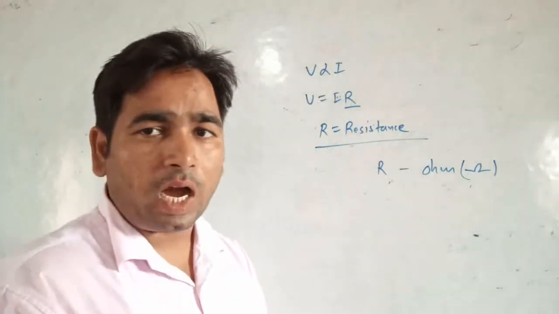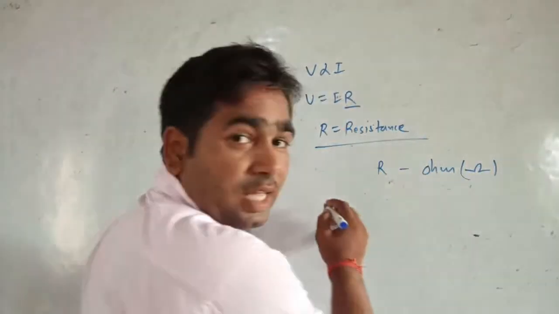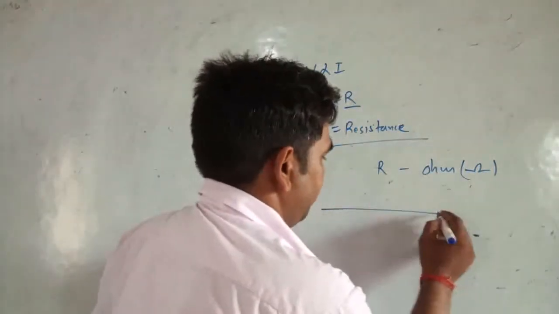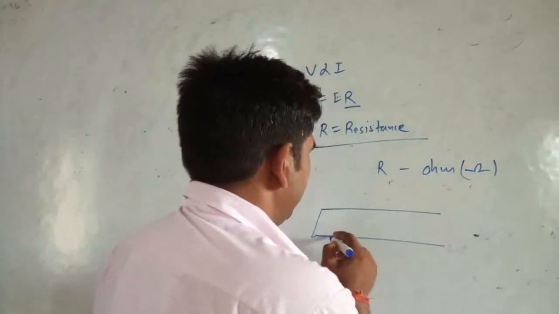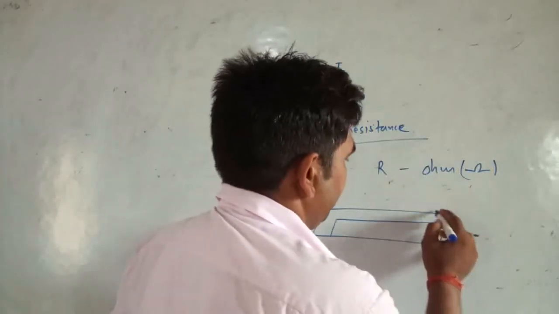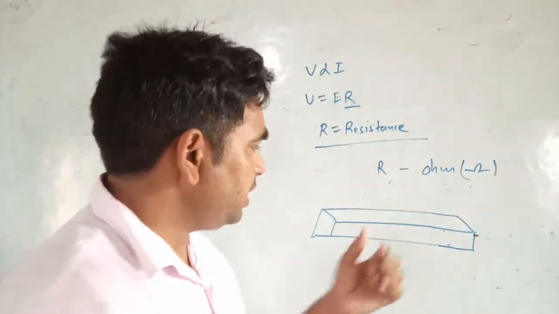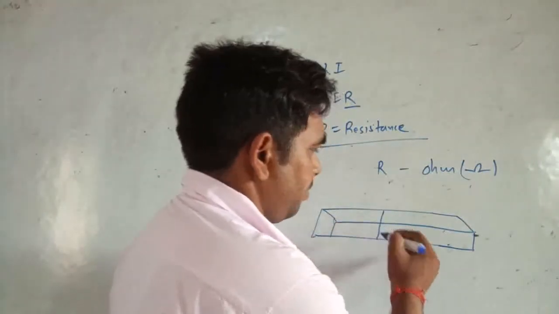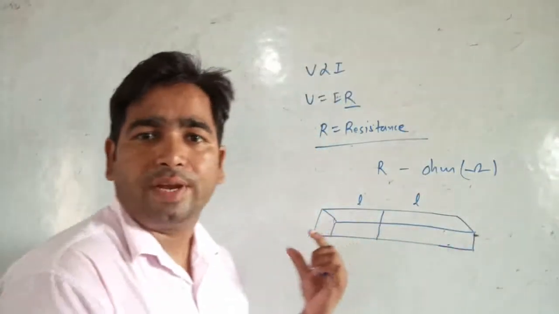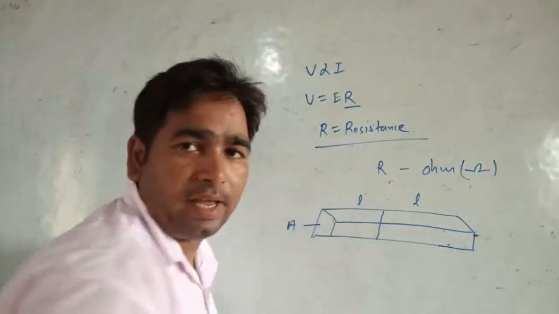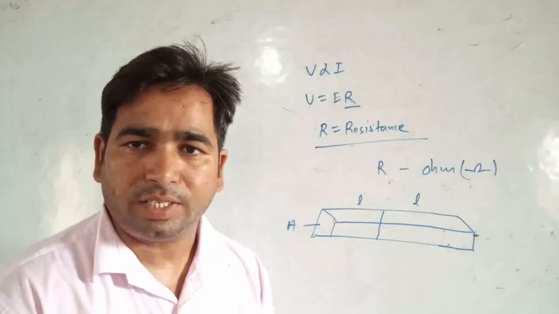Suppose we study how R depends on the conductor. Suppose there are two conducting slabs, each of length L and each having cross section area A, and current I is applied in this conductor.